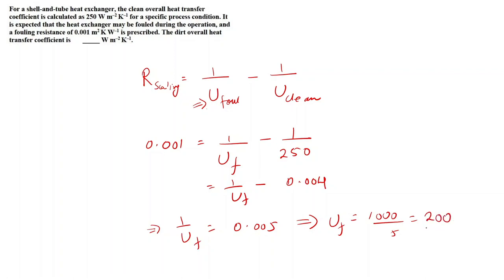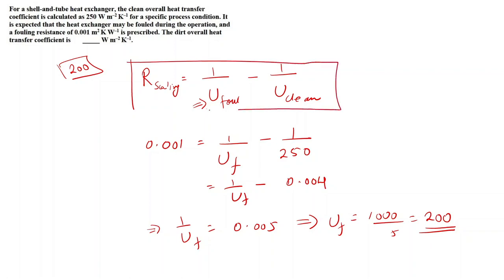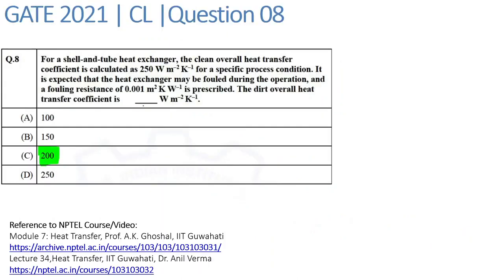So this is 200. My dirt overall heat transfer coefficient in this case is 200. You have to remember this basic formula for calculating the resistance due to scaling. From the given options, we can select 200 watt per meter square Kelvin as our final answer.